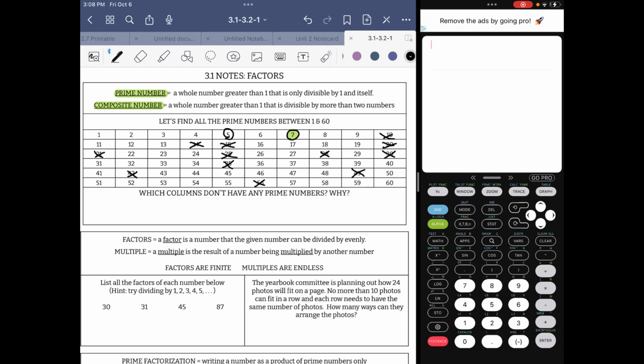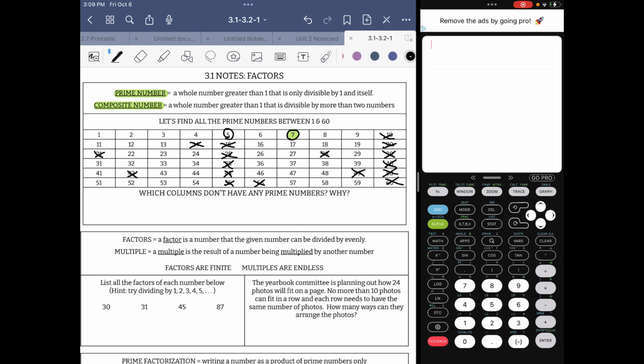Any pattern you notice here? Hopefully you know 5 goes into numbers that end in 5 or 0. So I'm going to cross out all of these numbers that end in 5 and all of the numbers on the right side that end in 0. So those two columns, the 5s and the 10s, should be completely crossed out.